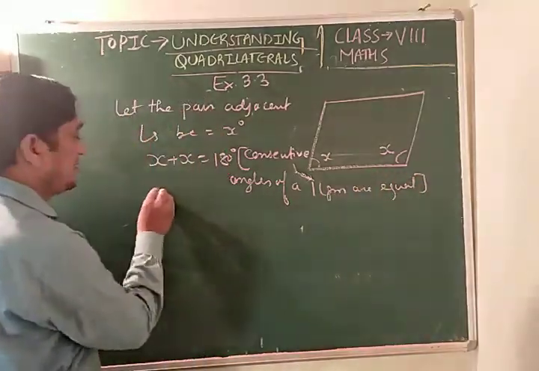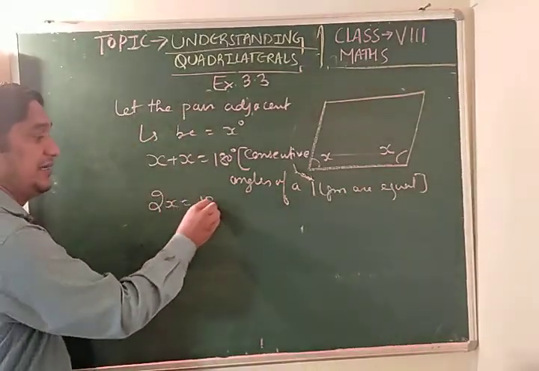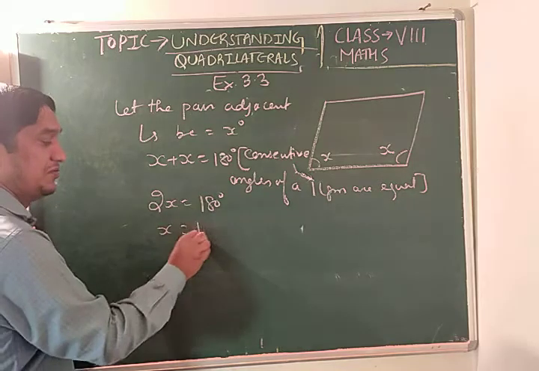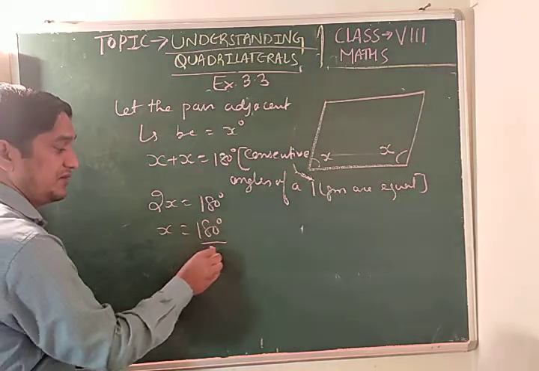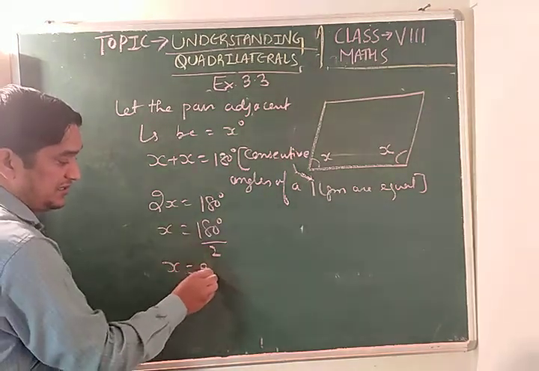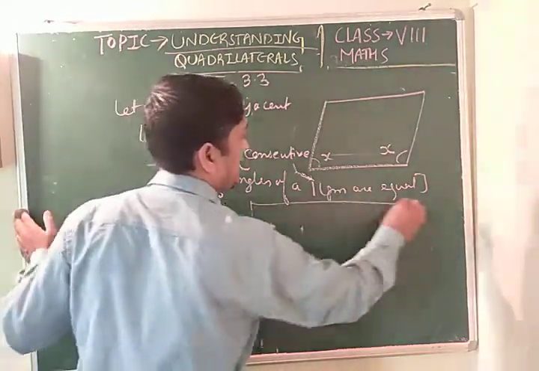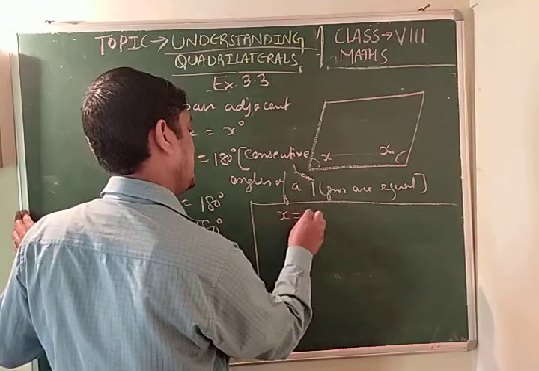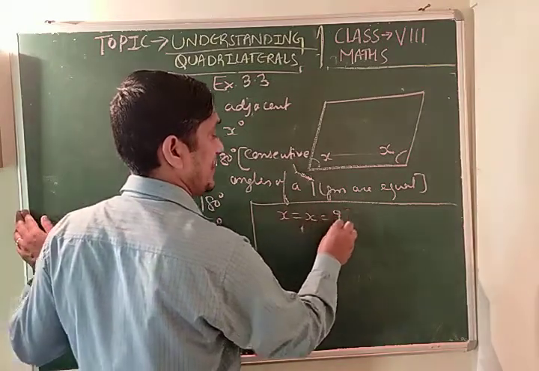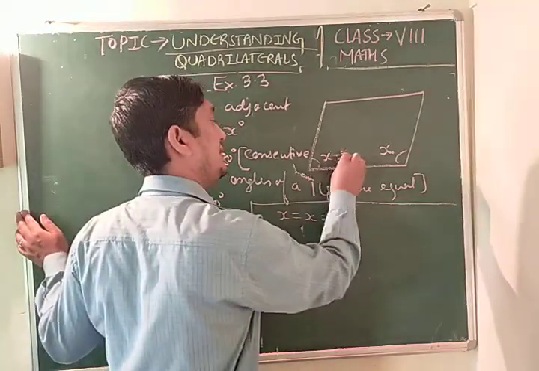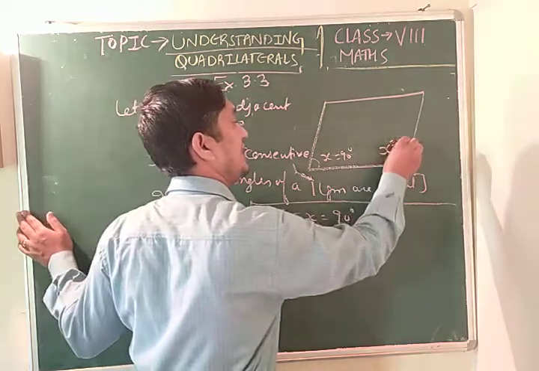So it becomes twice of x is 180 degree. X is equal to 180 degree upon 2. X is equal to 90 degree. So the two adjacent angles are equal to x, equal to 90 degree. It means this is 90 and this is also 90.